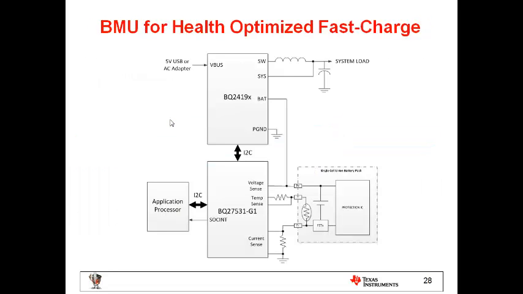Here's an example of what the circuitry will look like for a BMU system. In this case, for example, we have our BQ2419X family charger and the BQ27530X.